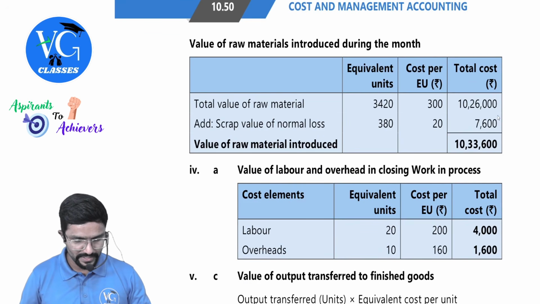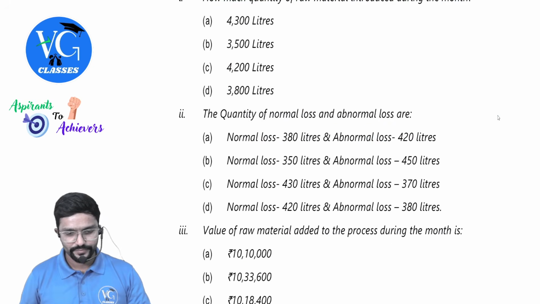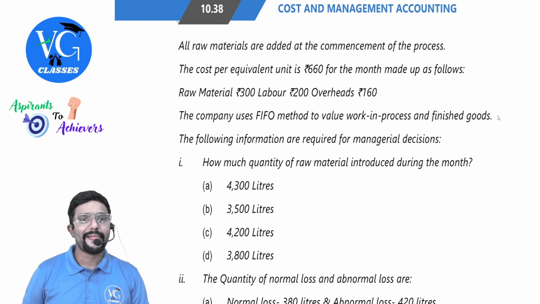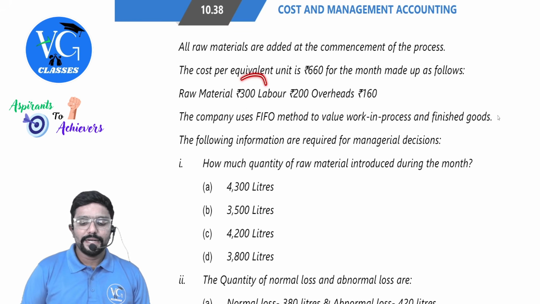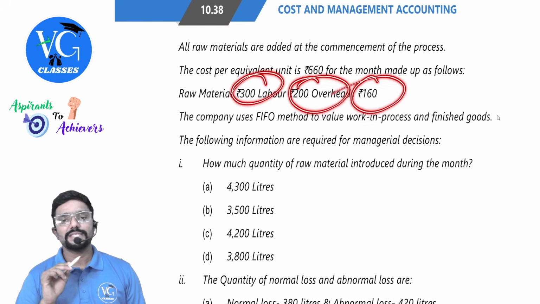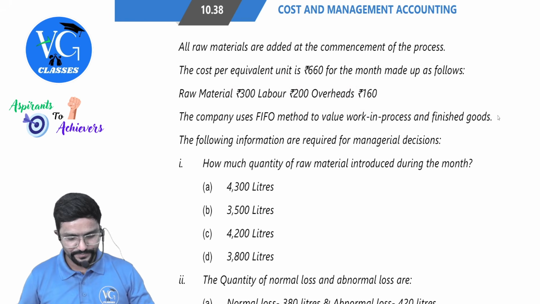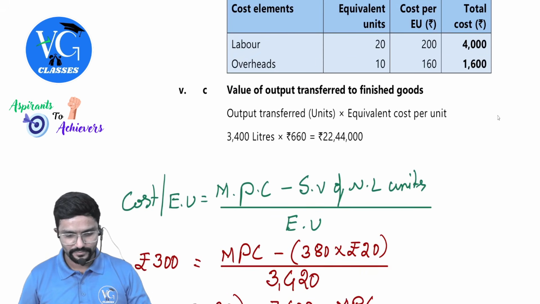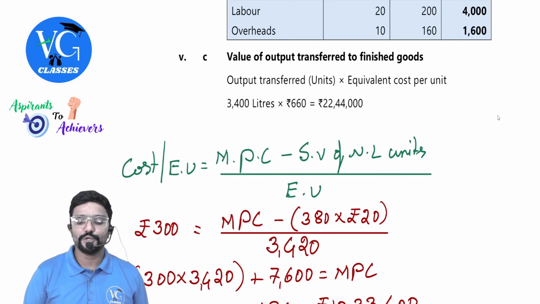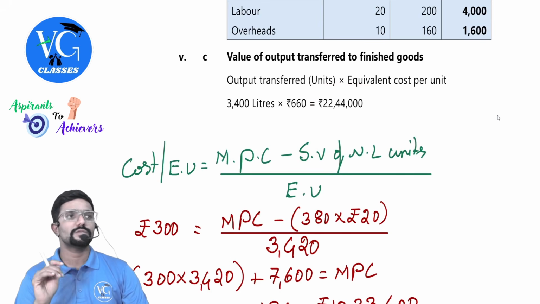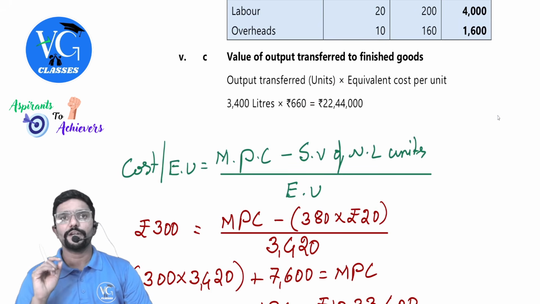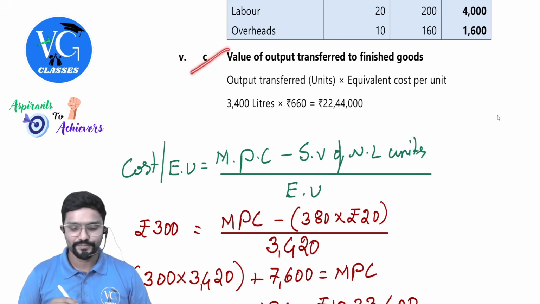Here it is not given, just a minute, I will show you. 300 plus 200, 500, plus 160, 660, guys. You need to take that, which comes to 22 lakh 44,000. C is the answer.